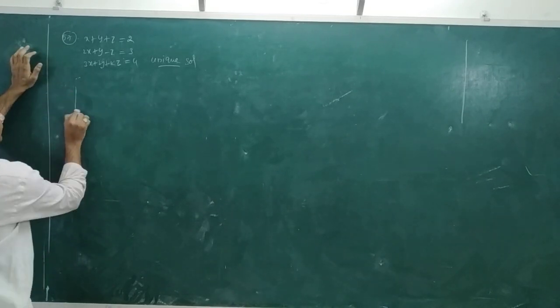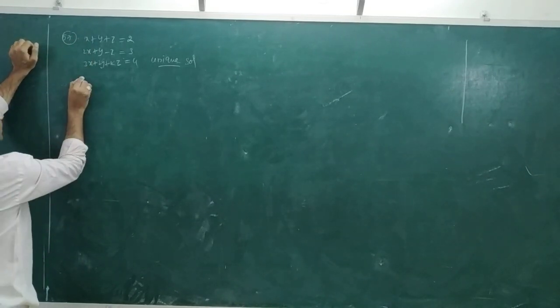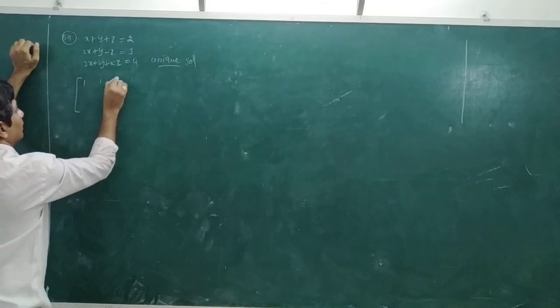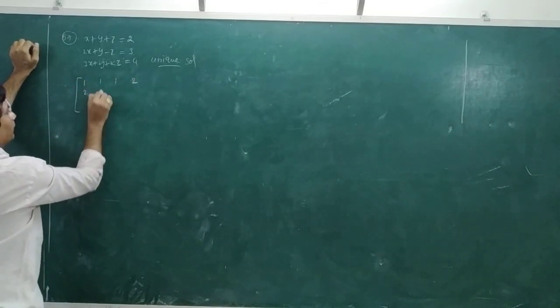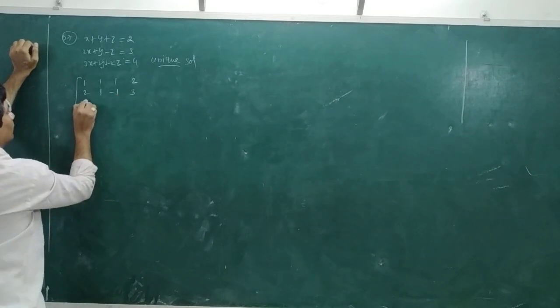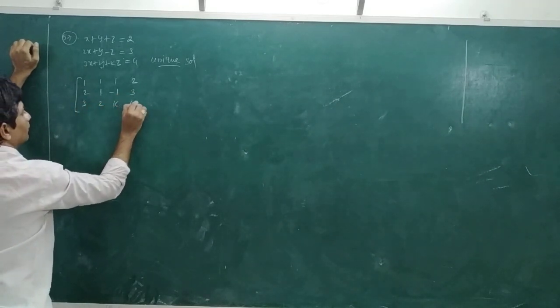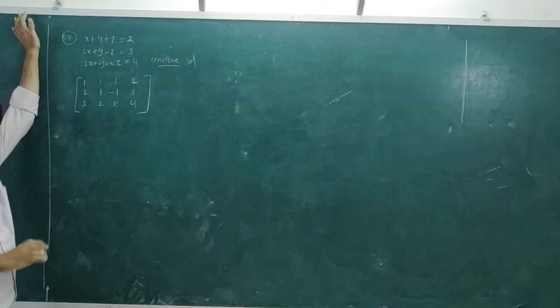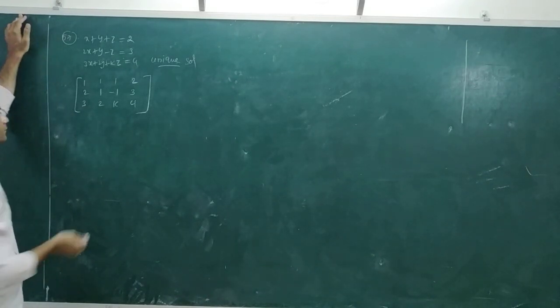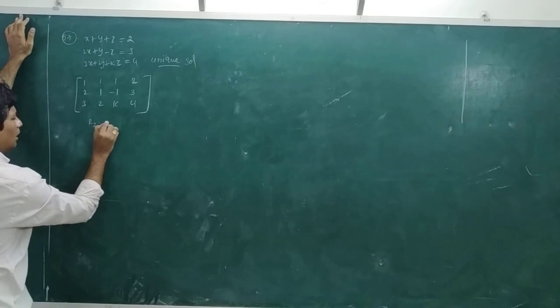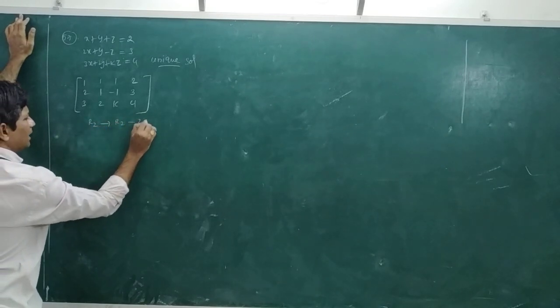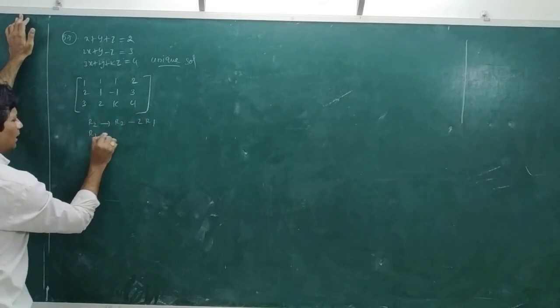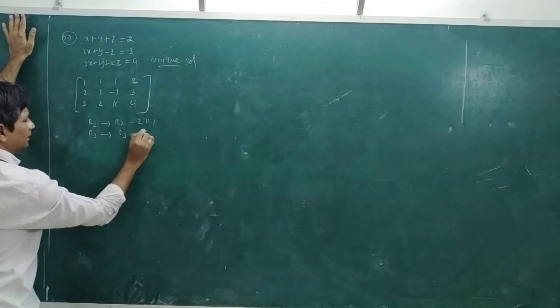Let us take the augmented matrix AB. This is 1, 1, 1, 2. Try to convert this matrix into echelon form. R2 implies R2 minus 2R1. R3 implies R3 minus 3R1.